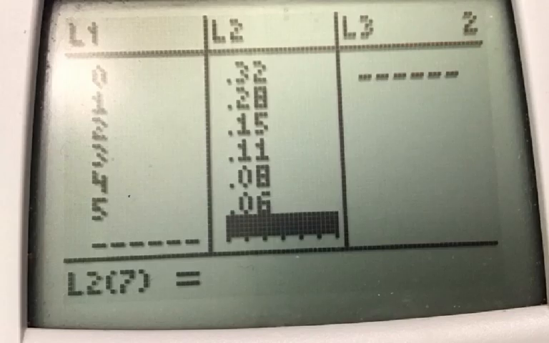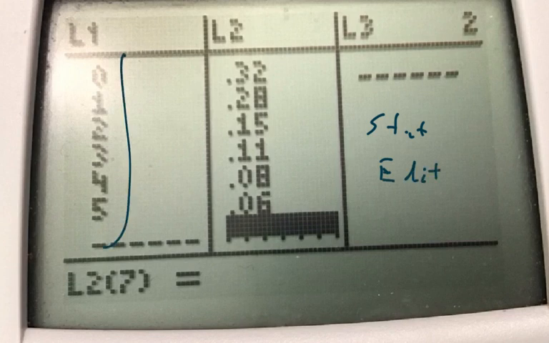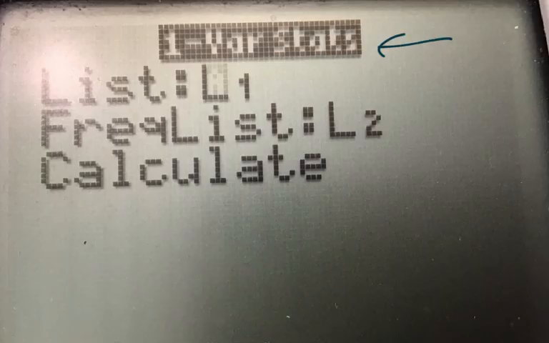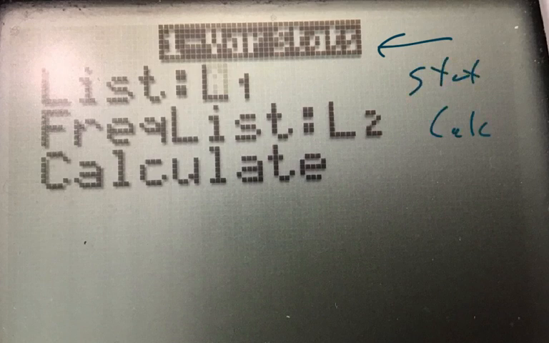Okay? Now, here is another clever way I hope you would understand. I could have done stat edit, put in 0 through 5, put in their corresponding frequencies, gone to one variable stats. That would be stat calc. Guys, all this on the calculator, please practice, right?